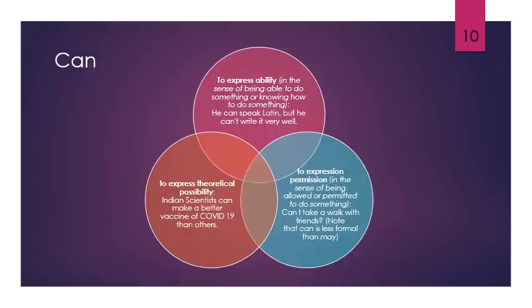To express theoretical possibility, something very theoretical, where practically we are not very sure of things happening, but theoretically, or seeing the trends that people have set so far, you can say that the word can also expresses possibility. For instance, Indian scientists can make a better vaccine for COVID-19 than others. Now, this is theoretical possibility.